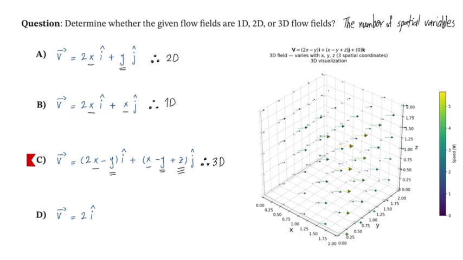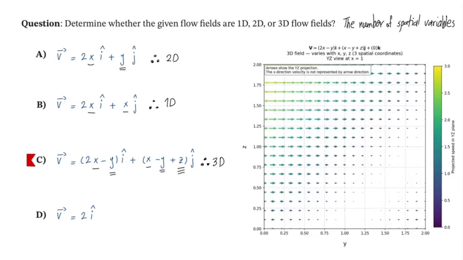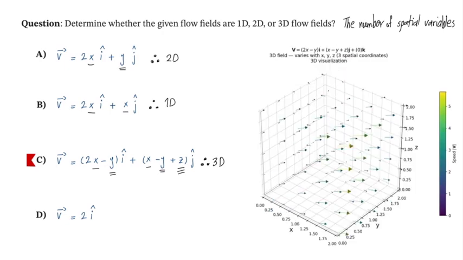We can see the flow field in the plot here, and we can even take a two-dimensional cut of this flow field and basically project the arrows associated with that cut onto that plane, and it would look like this for the value of x being 1 over here. If x is 1, we are actually talking about a plane like this.